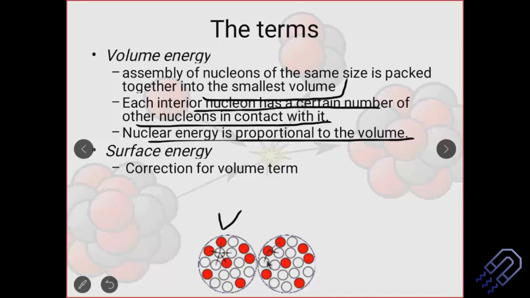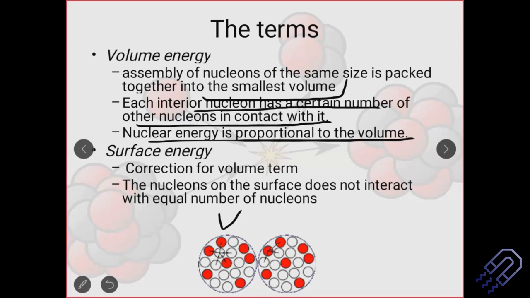It's not equal and opposite. As a result, there are chances that this particular nucleon will try to escape. If it tries to escape, it is making the nucleus weak, so the binding energy is going to reduce. And that is why it is called surface energy, because this happens on the surface of the nucleus.